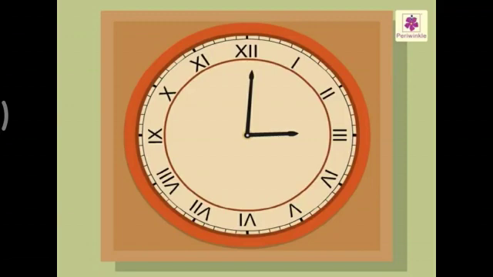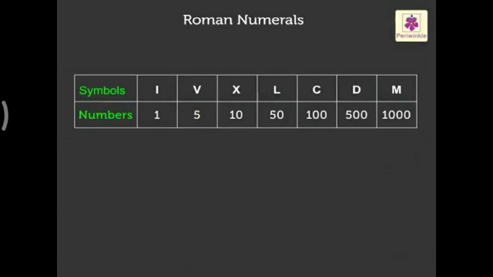Even today, building dates, monuments, and public dates are marked in numerals, and they are also used in clocks and watches. Then what is meant by Roman numerals? It is nothing but a system of using alphabetic letters for the numbers.